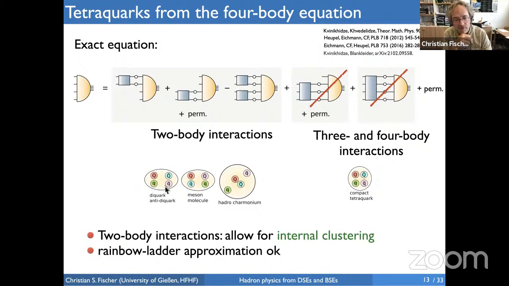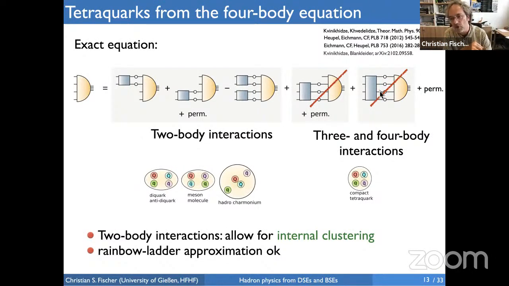Remember the discussion I had previously on the internal structure of our four-quark states. If it so happens that internally clusters of two particles form, either diquark, anti-diquark, or meson clusters, or hadrocharmonium clusters, then the only reason these clusters form is that these forces are dominant.